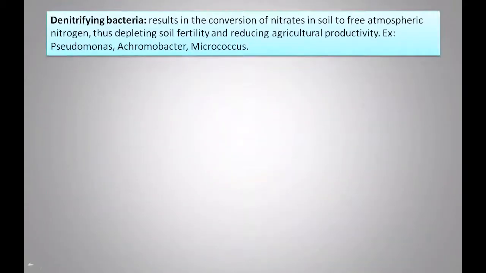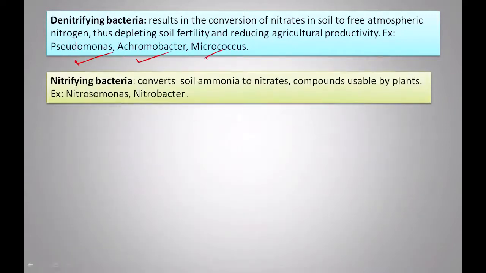Denitrifying bacteria result in the conversion of nitrate in the soil to free atmospheric nitrogen, thus depleting soil fertility and reducing agricultural productivity. Examples are Pseudomonas, Achromobacter and Micrococcus. Whereas nitrifying bacteria convert soil ammonia to nitrates, compounds usable by plants, like Nitrosomonas and Nitrobacter.